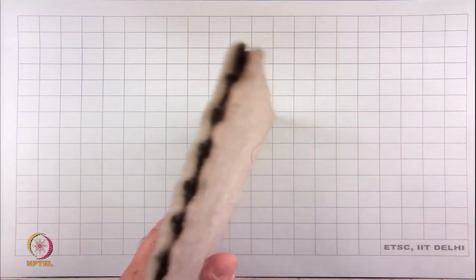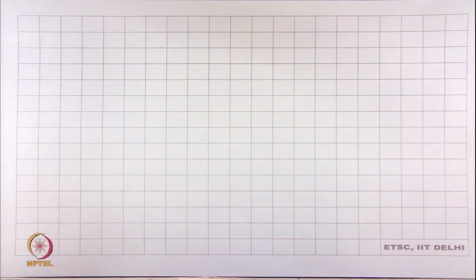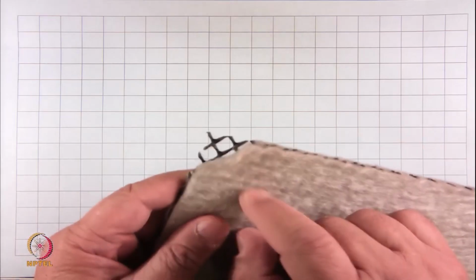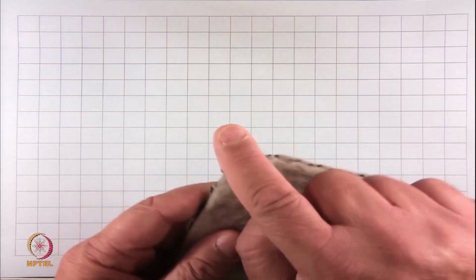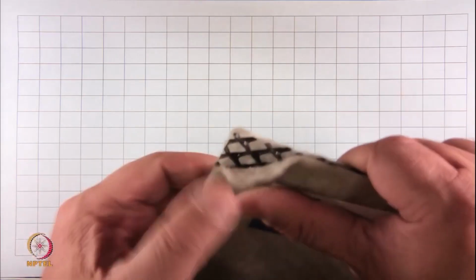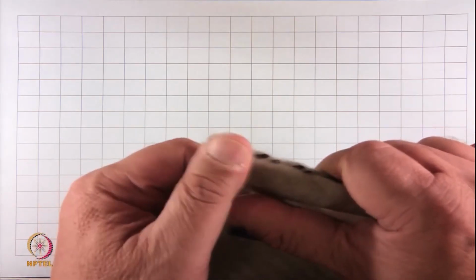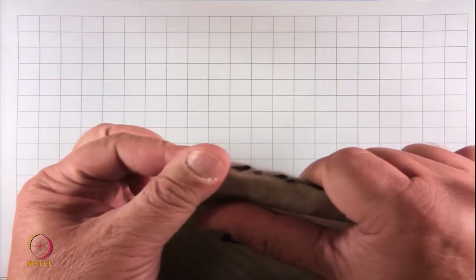So what is inside it? Let me try and peel off a corner and decipher this for you. If I peel off the corner, what do I see? So there's a geonet with a geotextile on top, and if I look at the other side, it's got a geotextile on top. This is bonded to it.